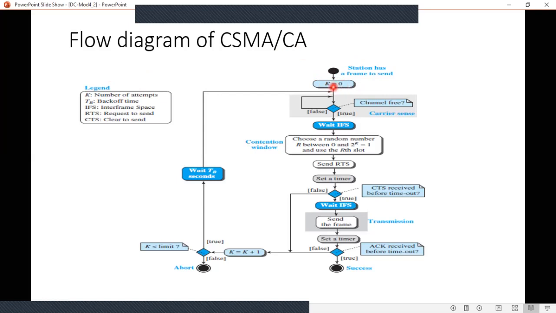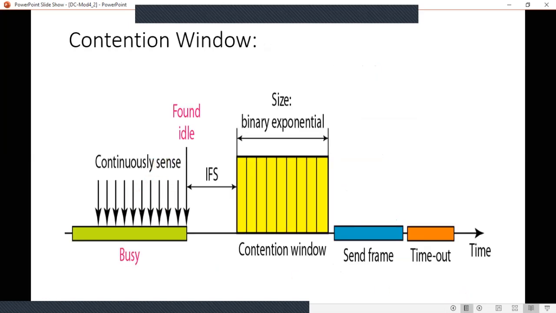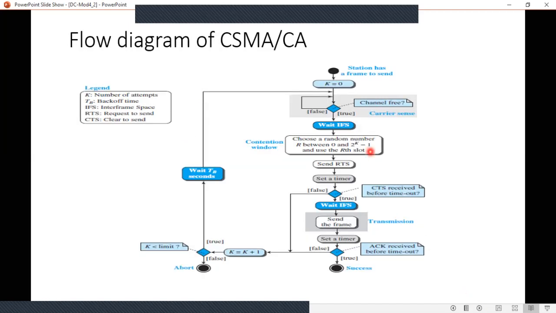Next it will check if the channel is free, that is carrier sense. It is checking if carriers are present in the channel or not. If it is false, again and again it will check this initial step. Once it is true, that is the channel is idle, then it will wait for the interframe space.